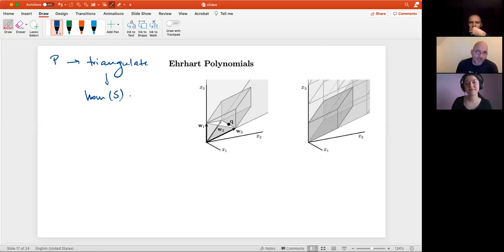So let's say I have some matrix, let's say W, and this W is really the matrix coming from the vertices of my simplex, with a one on top. And so now we're saying, if you can understand this integer point transform, then you're in business, correct?